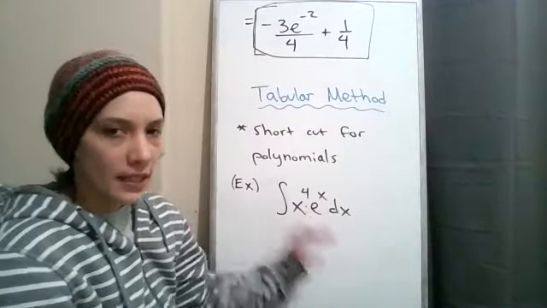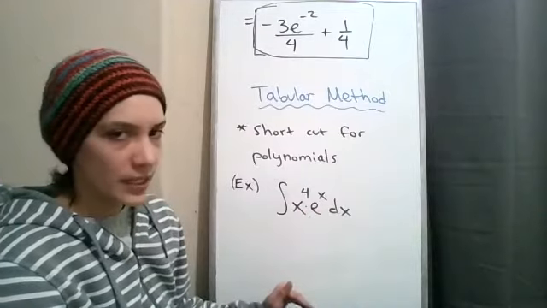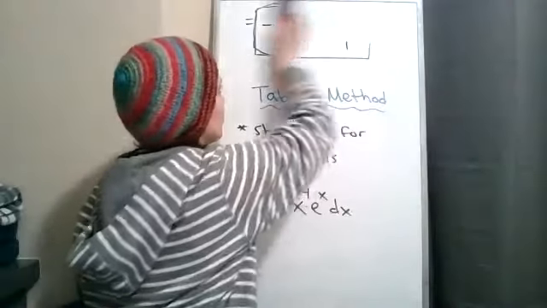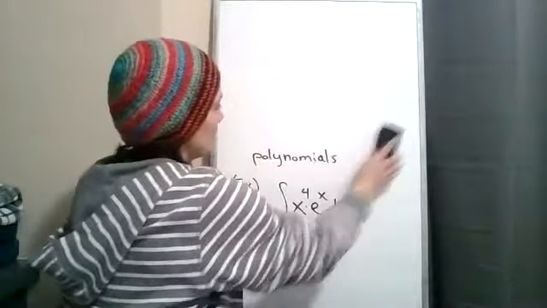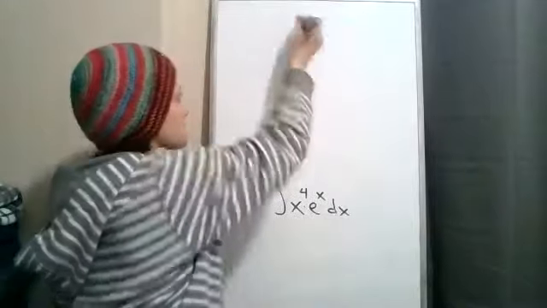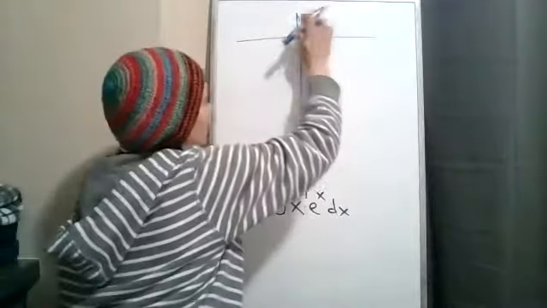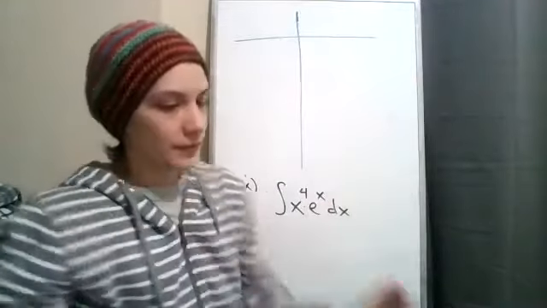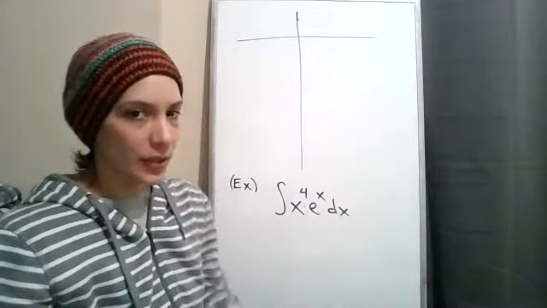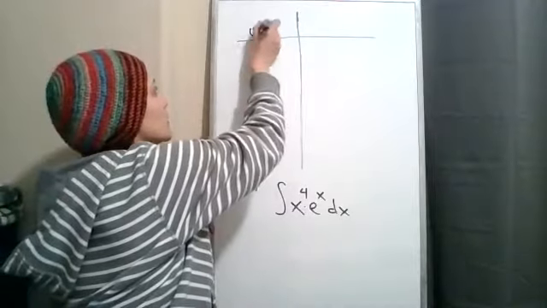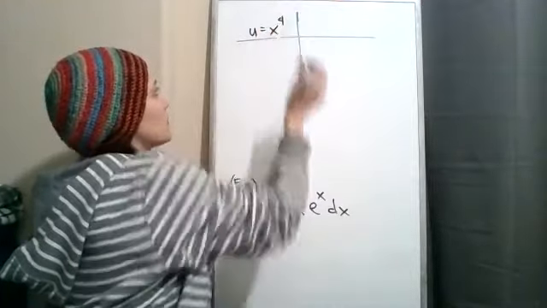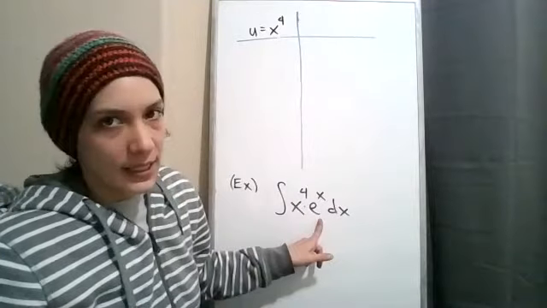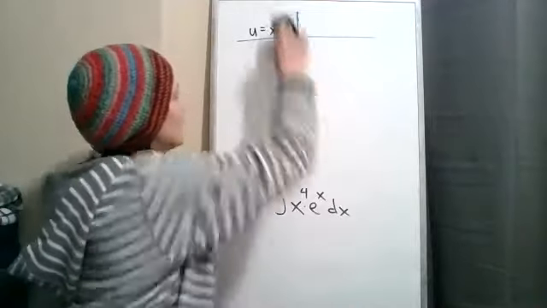But instead of doing work each time, we'll have it all organized in a table. u will equal x to the 4th, dv is equal to e to the x.